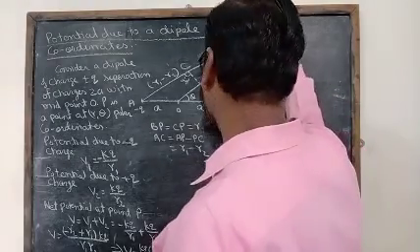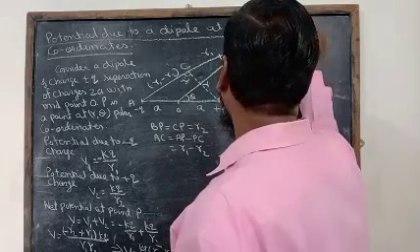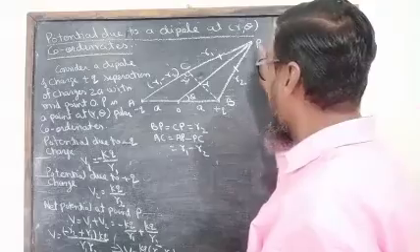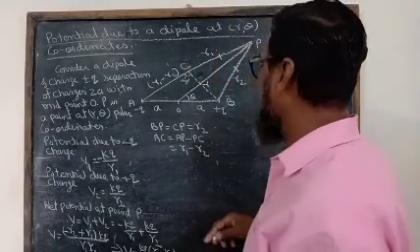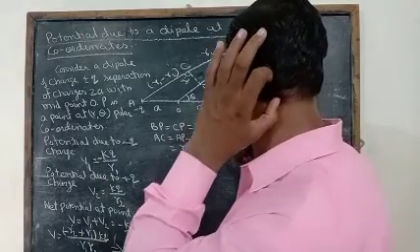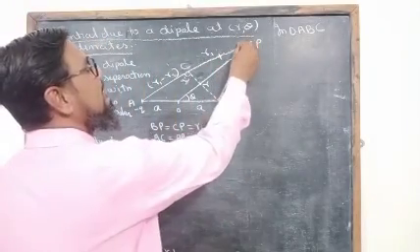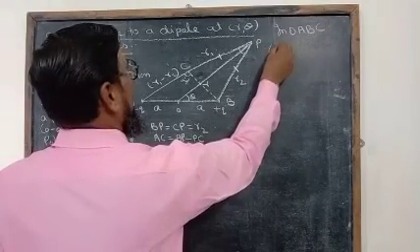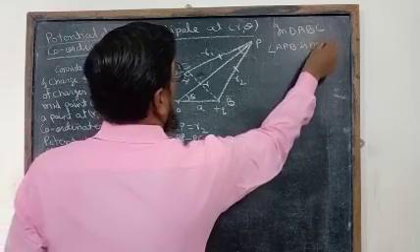So we consider triangle ABC. If r is very much greater than the separation, this angle APB is negligible.